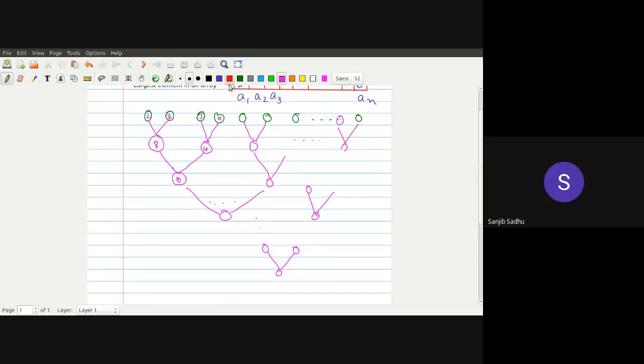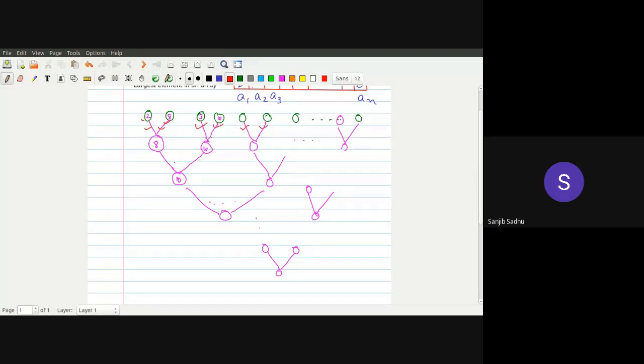Now, how many comparisons are there? You see here, you are comparing these two elements. In this case also you are comparing these two elements. Here also you are comparing this. So these and these elements are compared, these and these elements are compared.